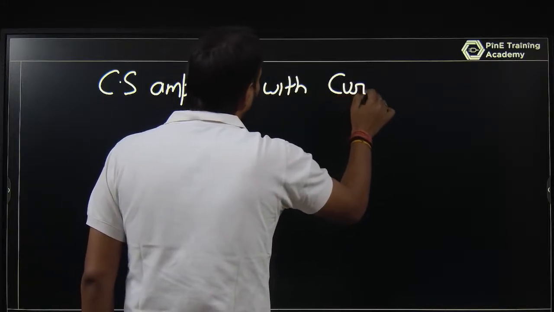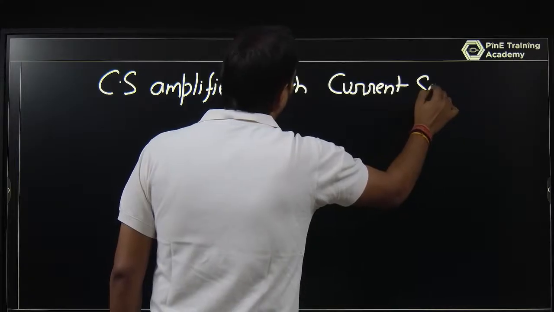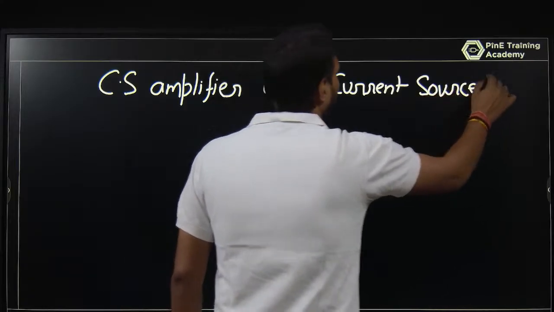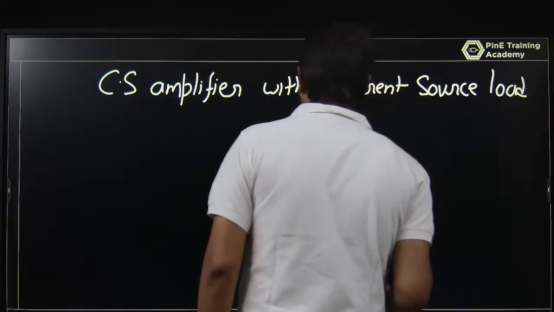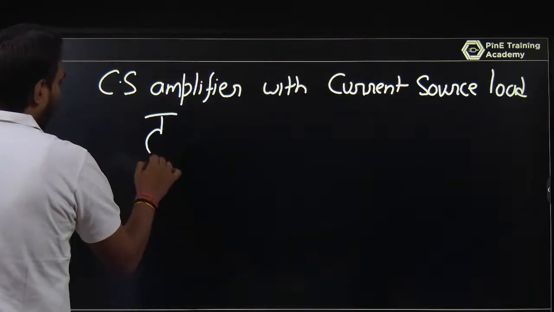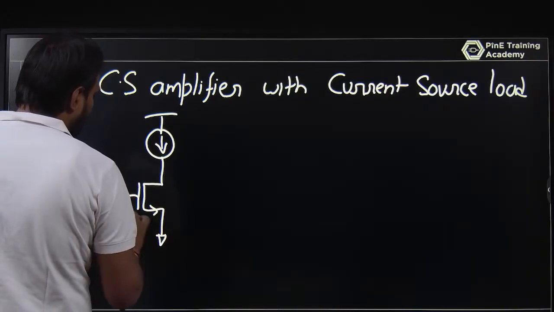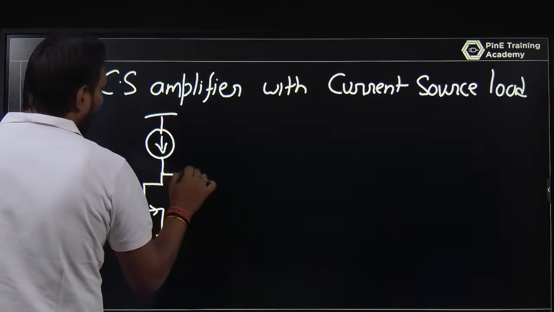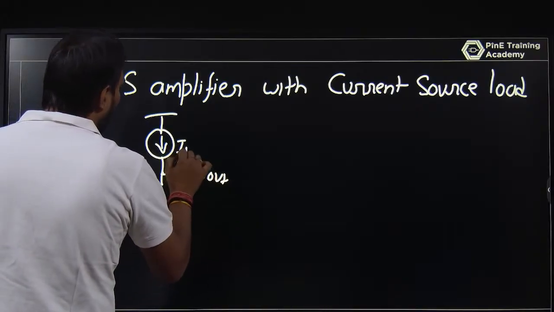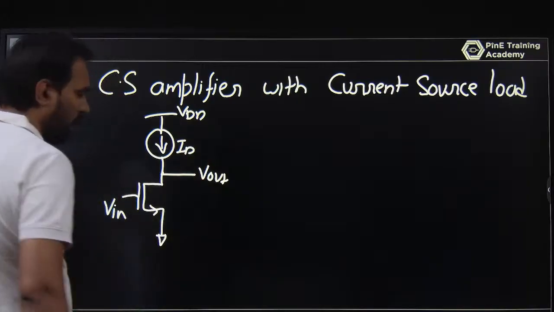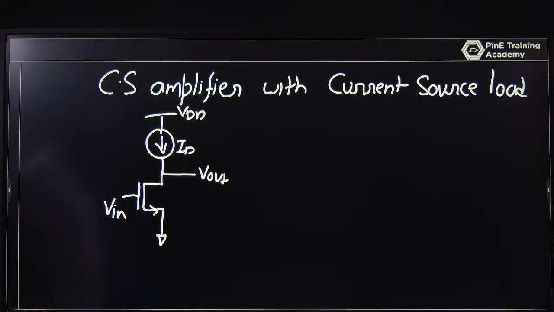In the last class we discussed that you have a current source load, a V input, an output, a drain current, and VDD. This is a common source amplifier with a current source load. If you are talking about the small signal model, the ideal current source behaves like an open circuit.